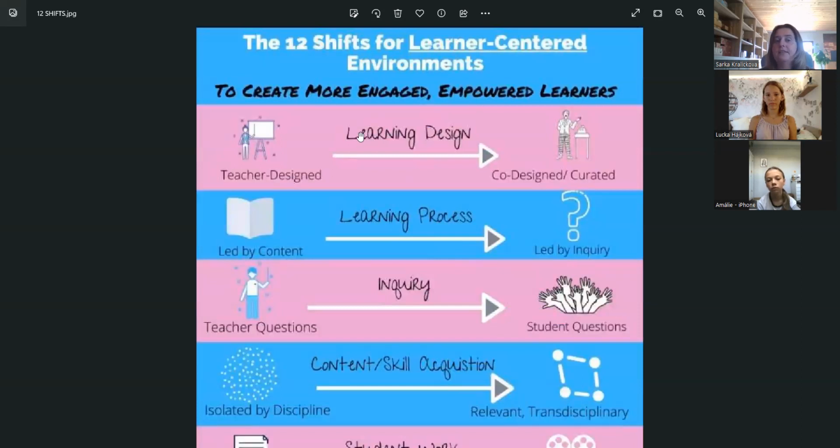And so the first one is learning design. So from teacher-designed education to co-designed education. What would you tell me about the first one, the old way and new way? I would say that in the old way, the teachers were taking over the whole lesson. They were talking the whole lesson and the students were just listening and didn't even talk.